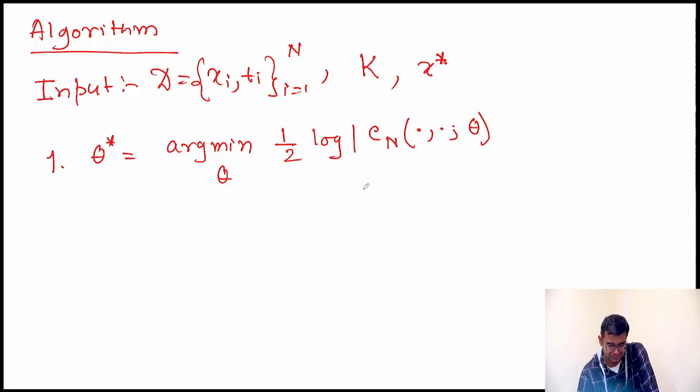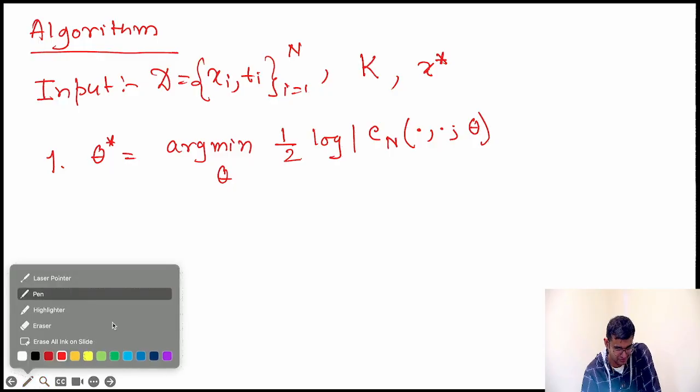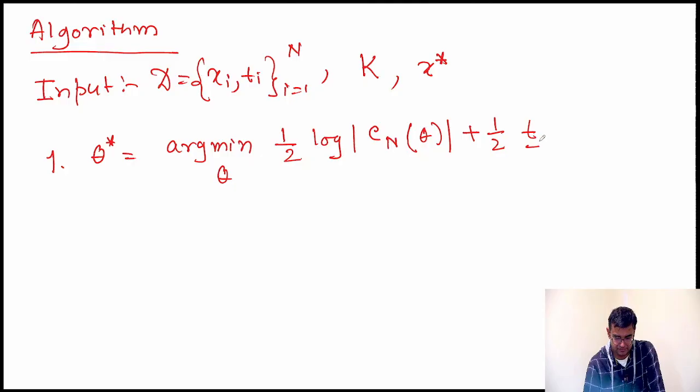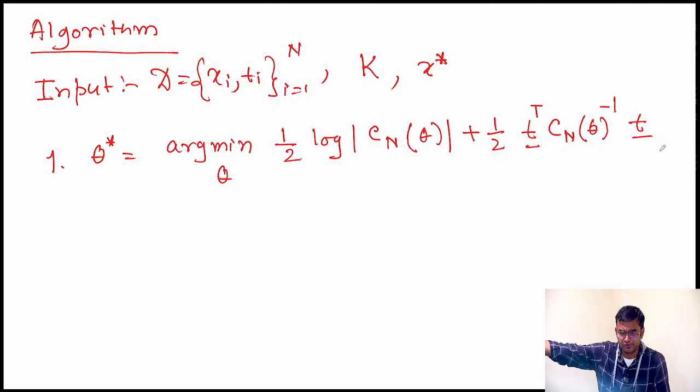You keep in mind that Cn is a function; this representation is for a kernel, not for a matrix. So Cn, which is a function of theta, let me write it like this. This is better. Plus half t transpose Cn theta inverse t, to find out the parameters.